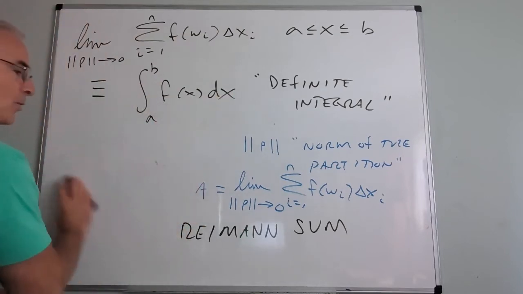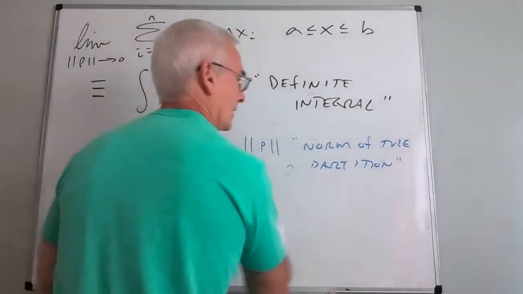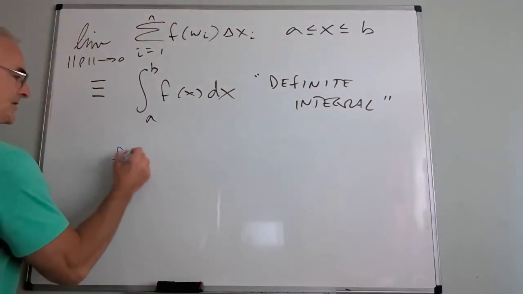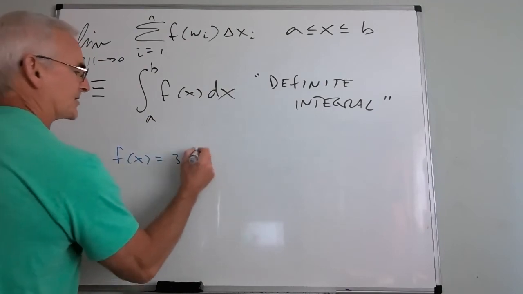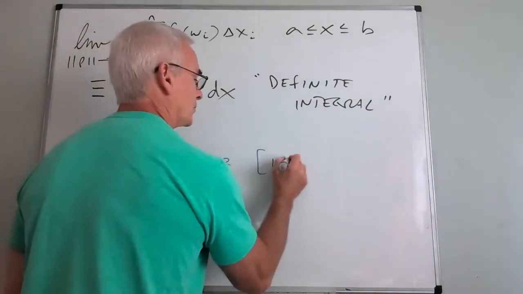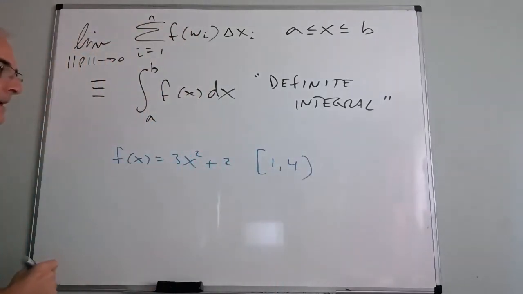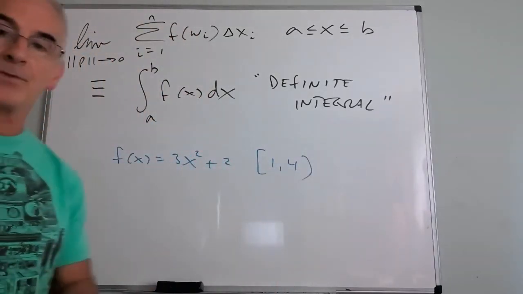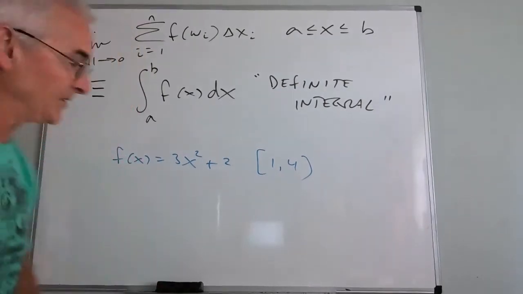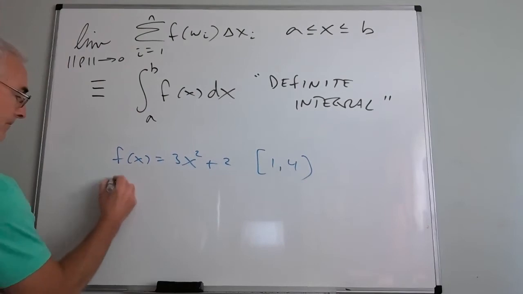So in the problem that we did earlier, we found the area under the curve. I believe we did 3x squared plus 2. I think that's what we did. And the interval we did was 1 to 4. If I wanted to now state this as a Riemann sum, then the Riemann sum would look like this.